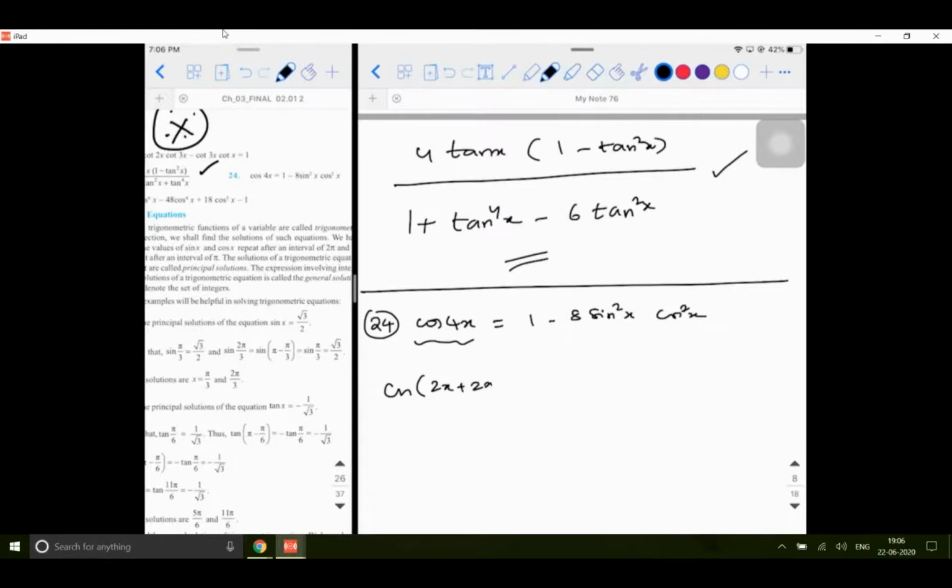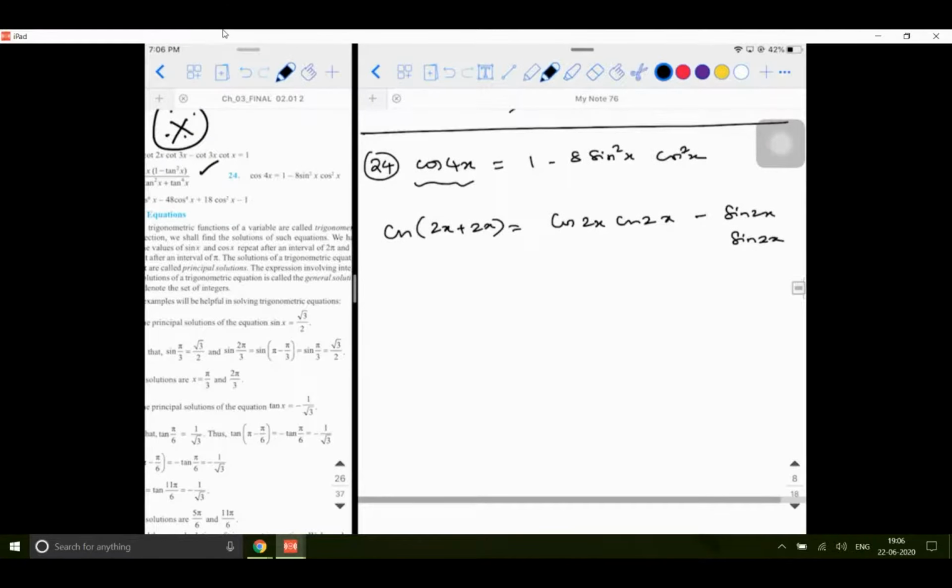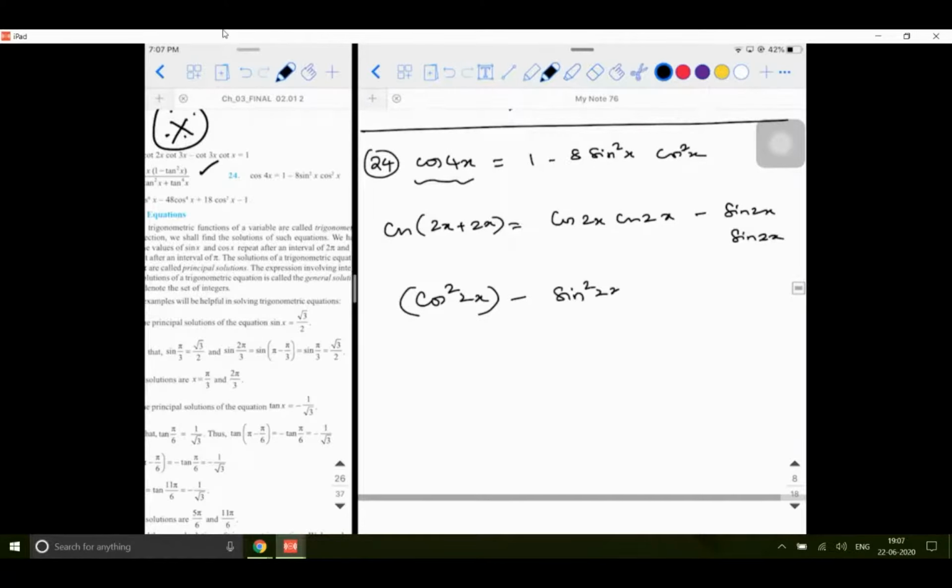So I can write it as cos A cos B minus sin A sin B. So cos 2x into cos 2x is going to be cos square 2x minus, can I write it as sin square 2x? So what is the formula for cos 2x?